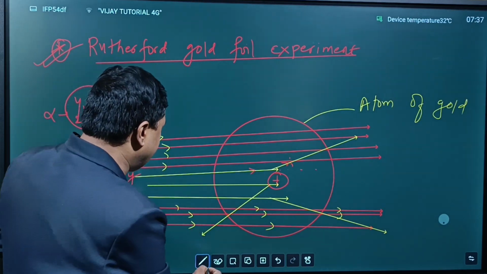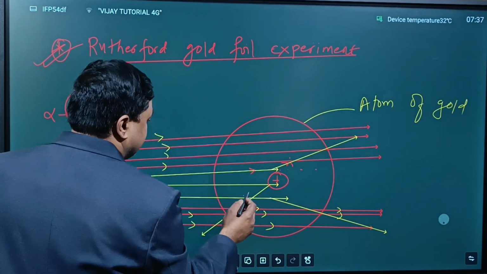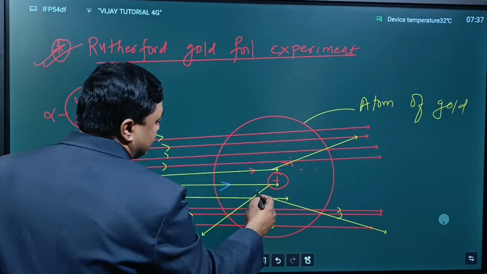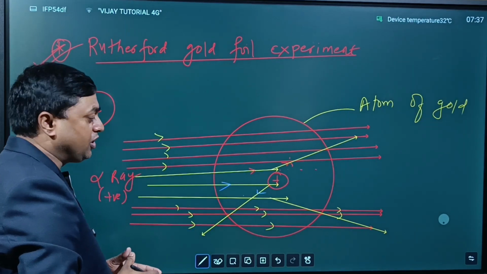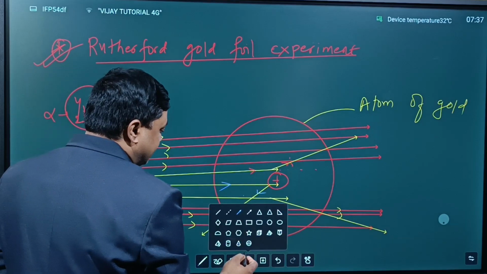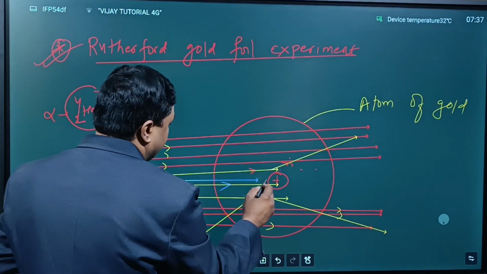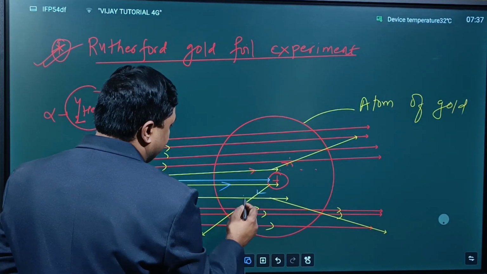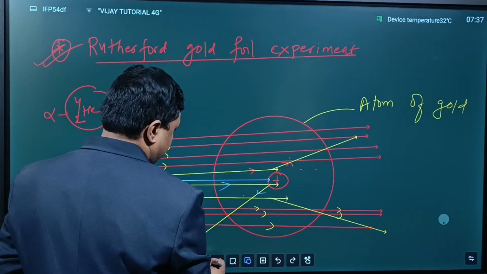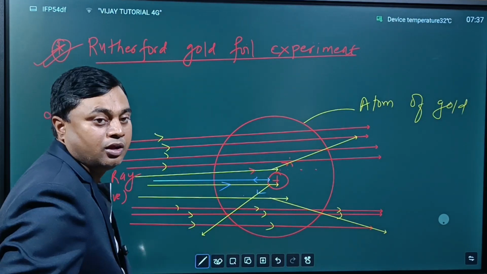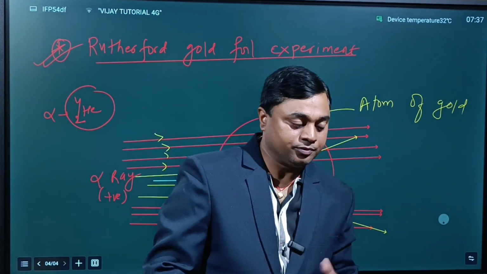The rays which directly hit the nucleus, or come very close to it, suffer major deflection, or you can say they bounce back. It is just bouncing back. Okay, so let's see.